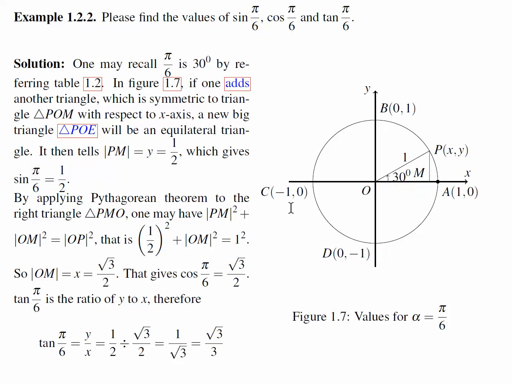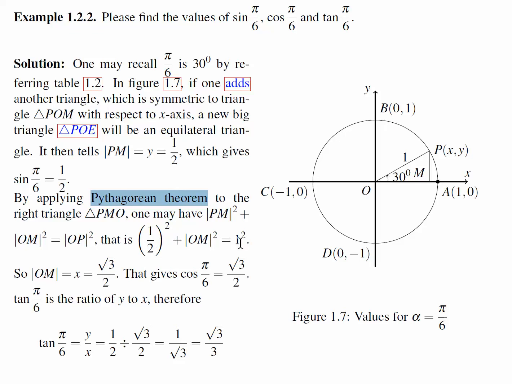Okay? Now, we know in this right triangle, O and P, we have MP is 1/2, and then OM squared plus 1/2 squared is 1 squared, because by the Pythagorean theorem, one leg squared plus the other leg squared equals the hypotenuse squared. 1 squared is 1, and 1/2 squared is 1/4.